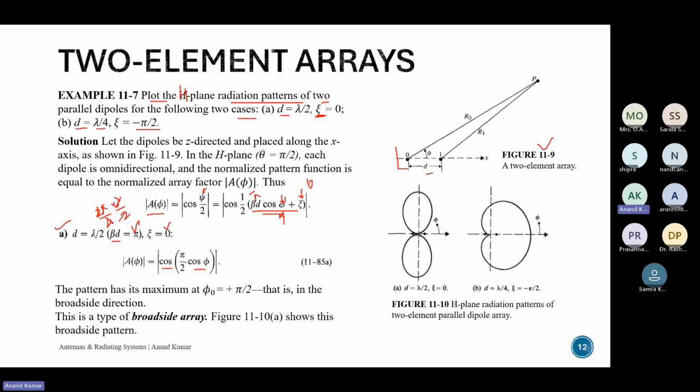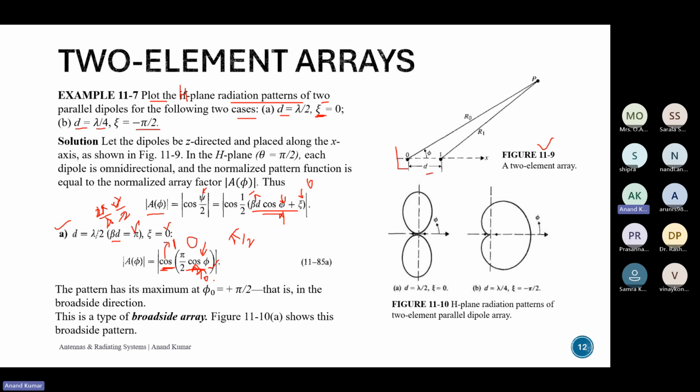This function becomes maximum when phi becomes pi by 2, because cos phi becomes 0, the argument to the outer cos becomes 0, and then the function gives us 1. 1 is the maximum value this cos function can achieve, and it is 1 when the argument is 0, and the argument is 0 when cos phi is 0, and cos phi is 0 when phi is pi by 2.